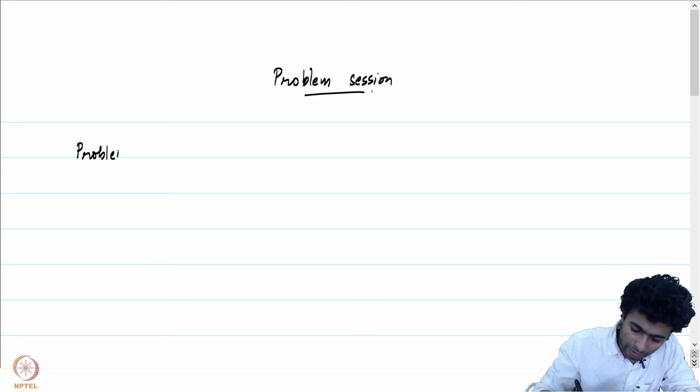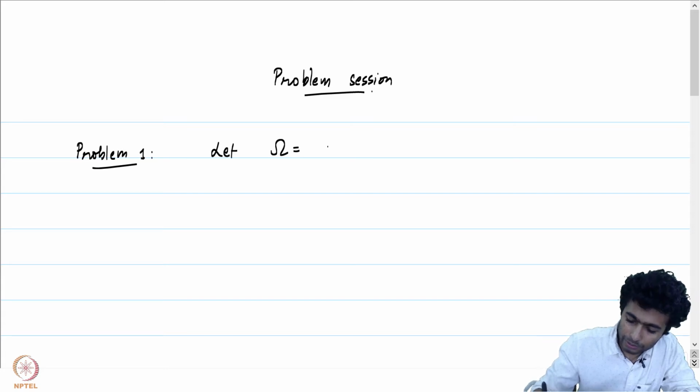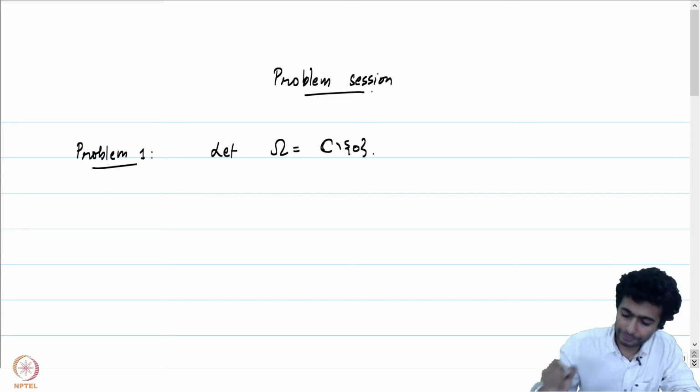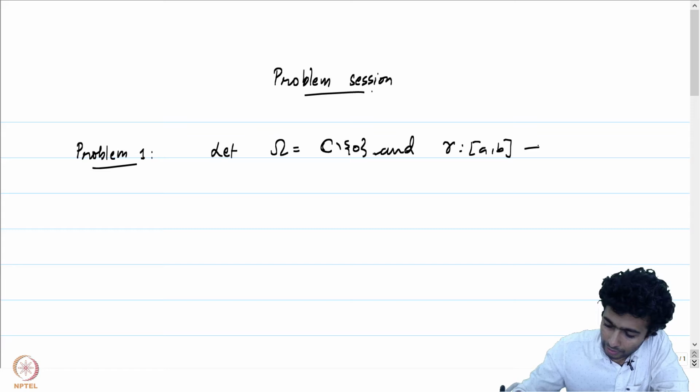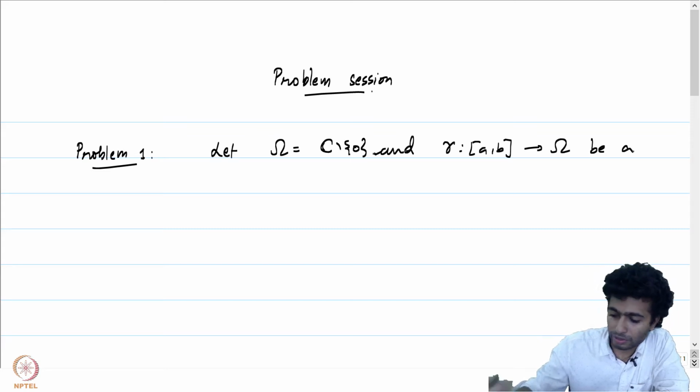Problem 1 is the following. Let omega be equal to C minus 0 and gamma from [a, b] to omega be a closed curve.